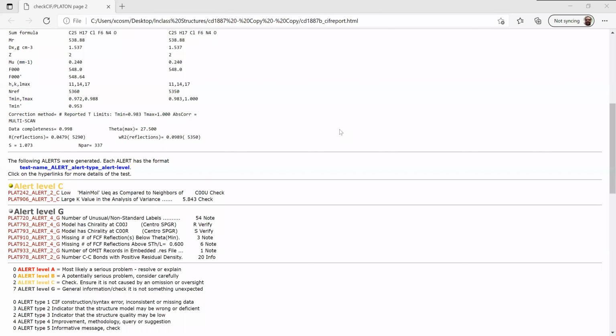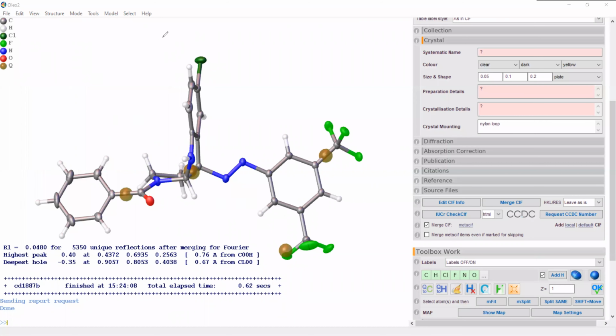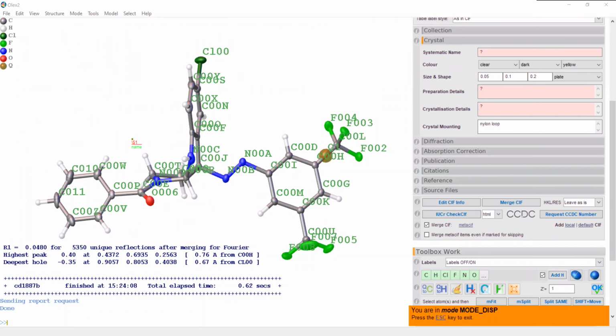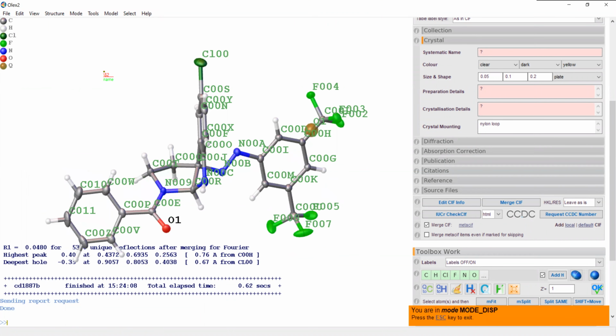To label the atoms, you go to mode naming and do this for each atom type. So we'll start with O1, CL1, and do the fluorines.